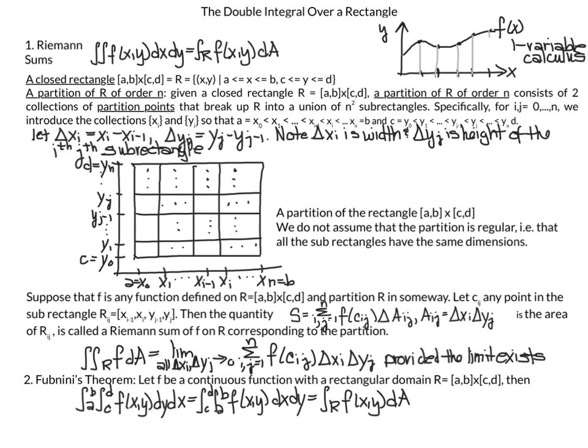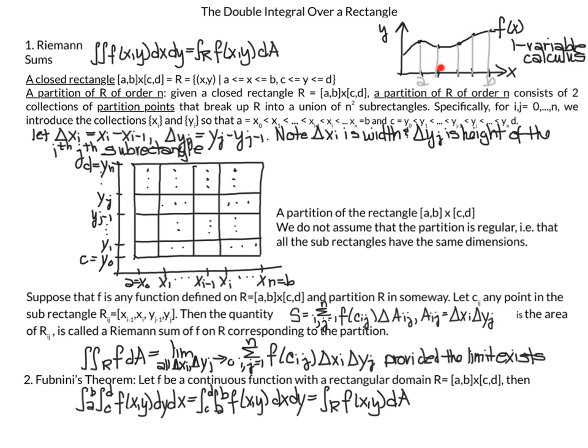So if you want to integrate, say, from a to b, you can divide up a to b into subintervals, and then you would calculate the area of the box. So you would either use this point or this point as your height, and you would estimate the area under this curve by summing up the areas of the rectangles underneath.